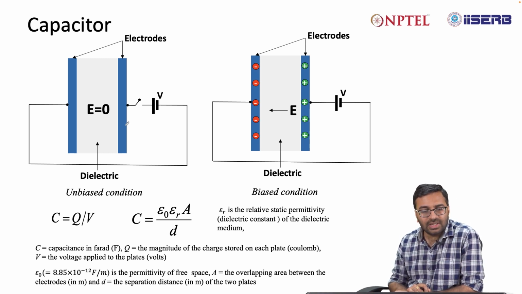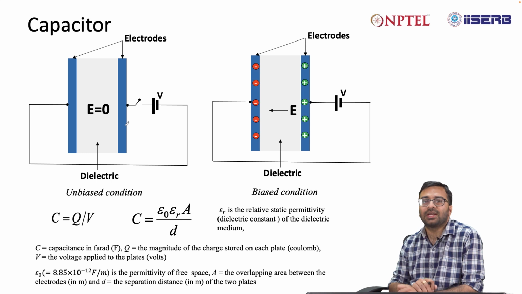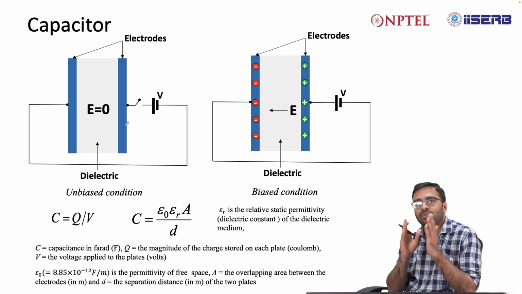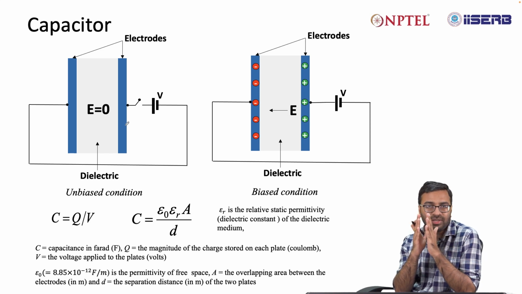So a capacitor is nothing but a device that can store charges, and one of the simplest ways to start the discussion of capacitor is to consider a parallel plate capacitor. What is a parallel plate capacitor? Parallel plate capacitors are when you have two different metal electrodes separated by a dielectric.